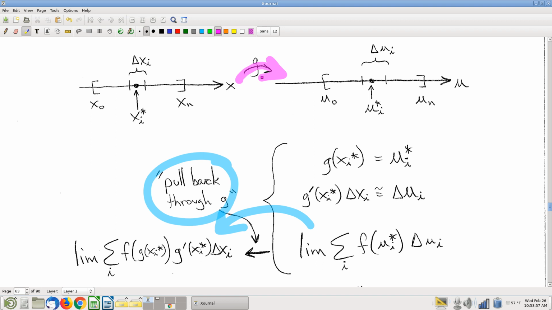And the important point is this is what happens. This is what plugging in does, right? The process of plugging in takes things the other way. We're not taking values of x and resulting in values of u.